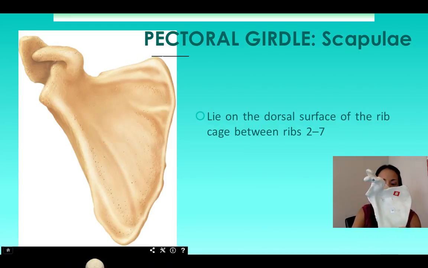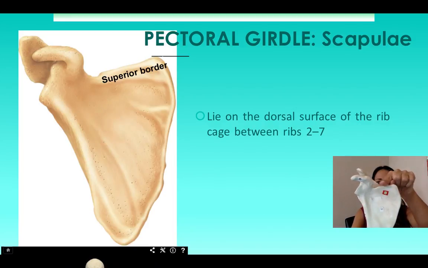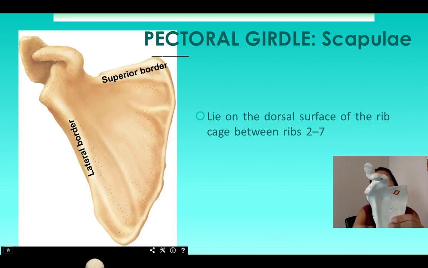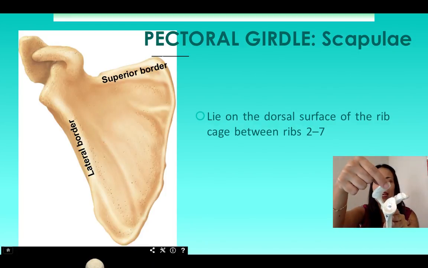Okay, it is like a triangle, and like in any triangle, we're going to describe a superior border, then the lateral border. And the lateral border is this one and not this one because it's the one located on the same side of these processes and this oval cavity.